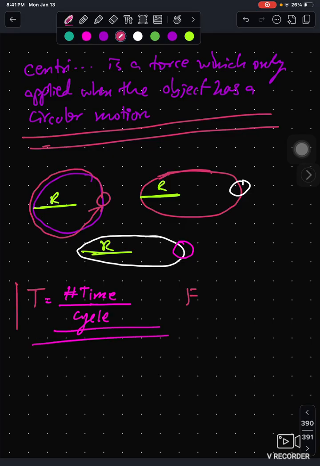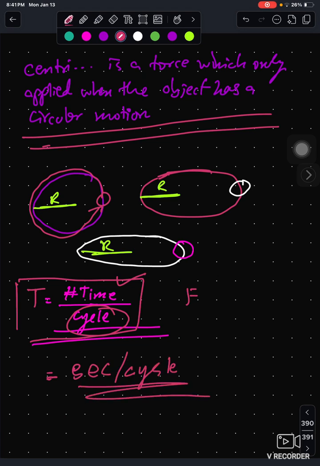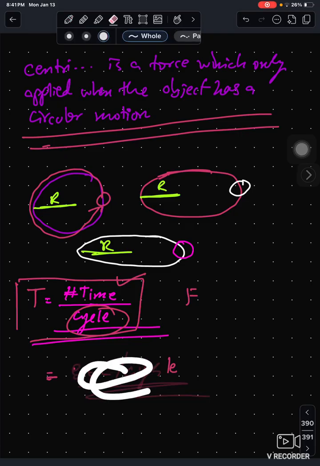That means the total time to do the number of cycles over the number of cycles will give you seconds per cycle, or how many seconds were taken per cycle.